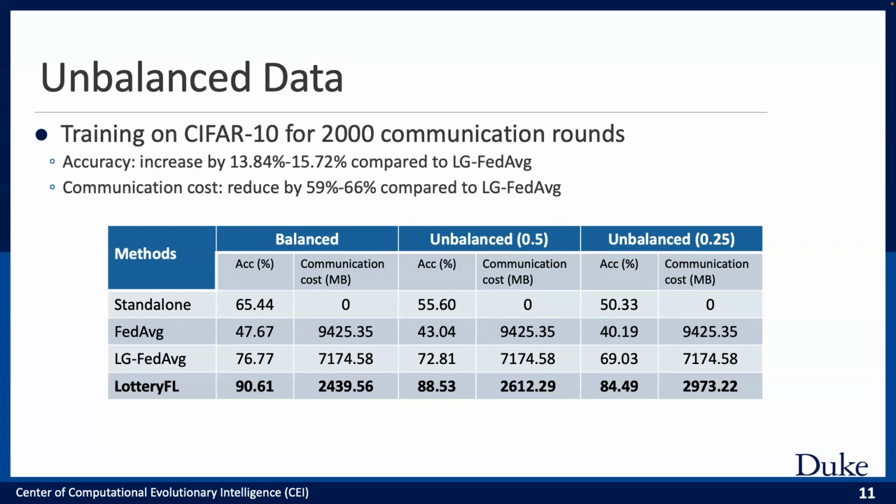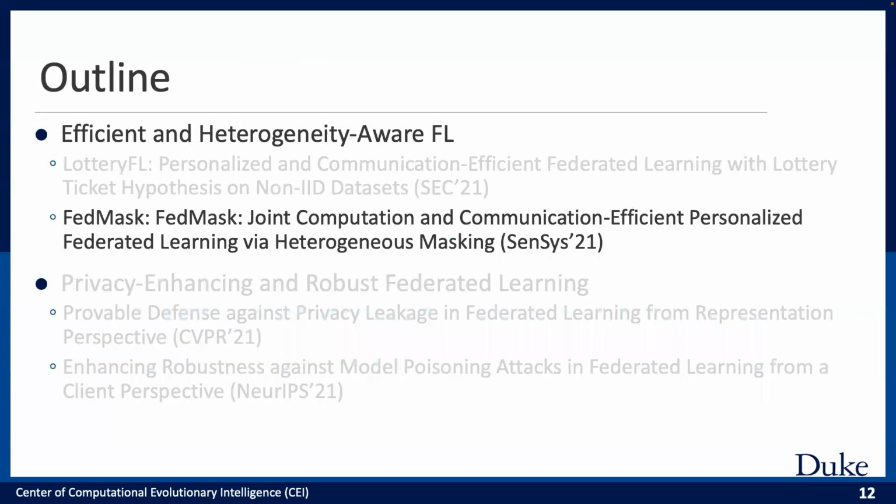So we have very unbalanced data, and you can find that the lottery ticket well preserves the personalization on the device, showing better results even on very unbalanced data, as we show in the last column. And again, you start to see the reduction of the communication cost there too. So this is the first topic I wanted to talk about.